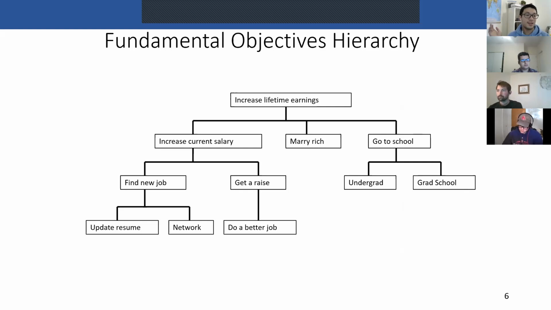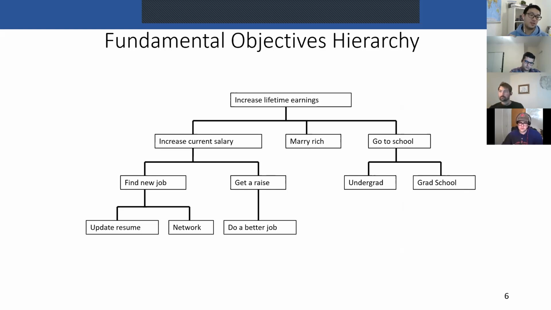How can you go about doing that? You can increase your current salary, you can marry rich, or you can go to school. And each of those objectives or goals can also be broken down into more decisions or objectives.